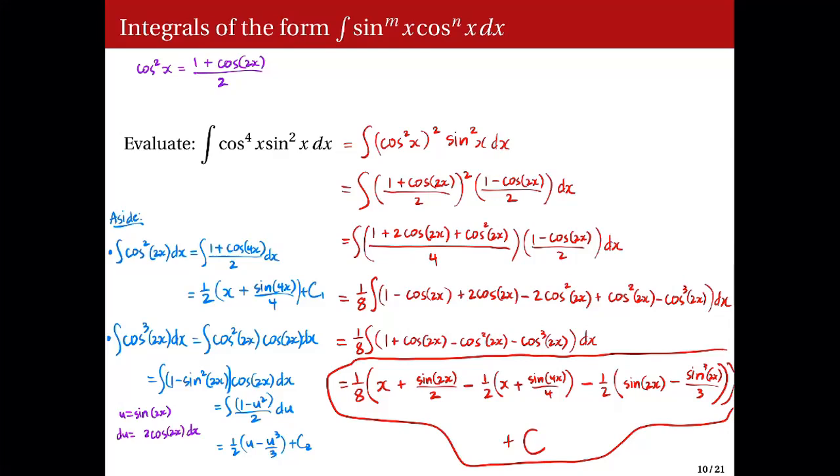The integral of cosine 2x, that's sine 2x over 2. Okay? Questions?